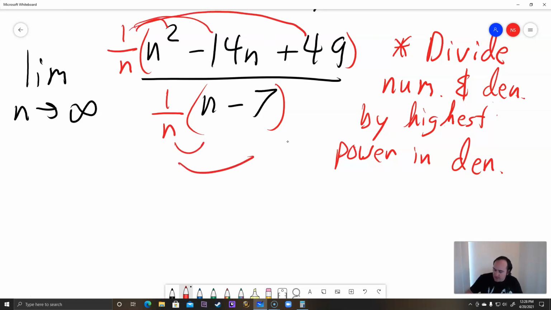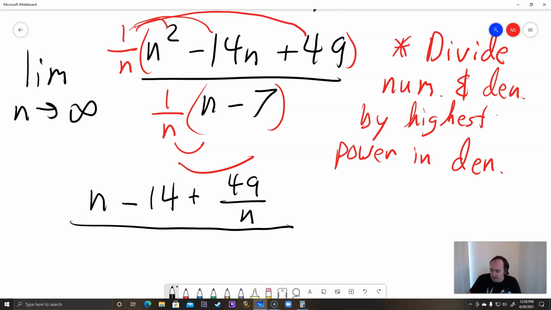On the top we get n squared over n. If you subtract the exponents, that's just going to give you n. So we have n minus 14 plus 49 over n in the numerator. And then in the denominator, we have 1 over n times n is 1, minus 7 over n.